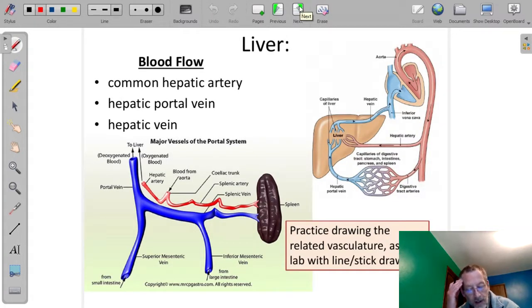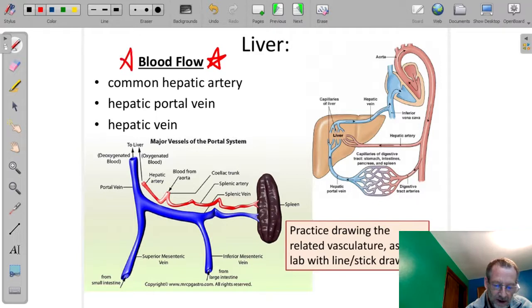So, liver and blood flow. I would like you to pay attention to this and be able to sketch it. I really want you to understand the blood flow to and from the liver.